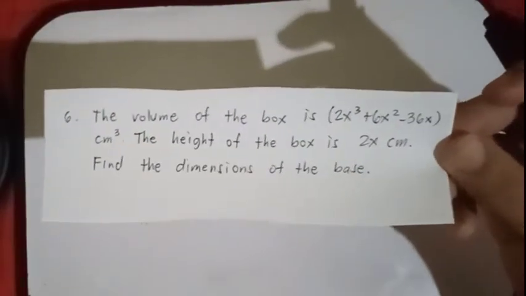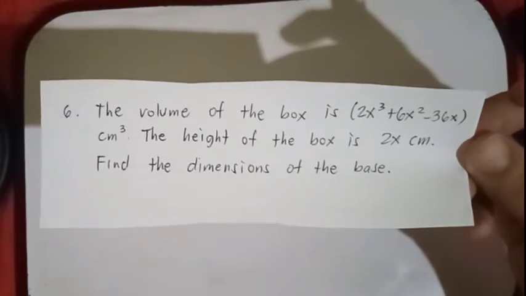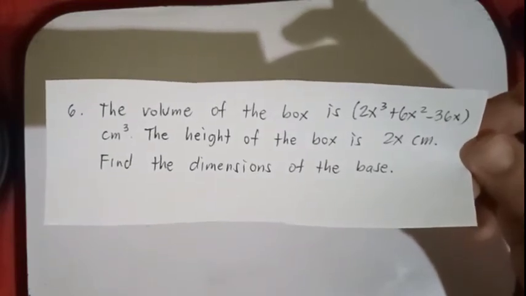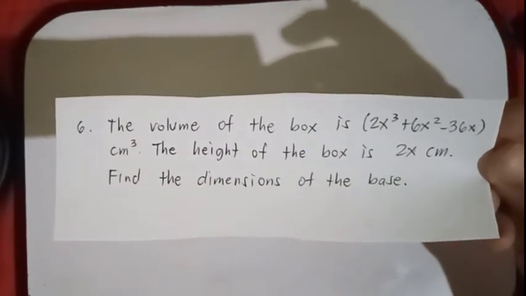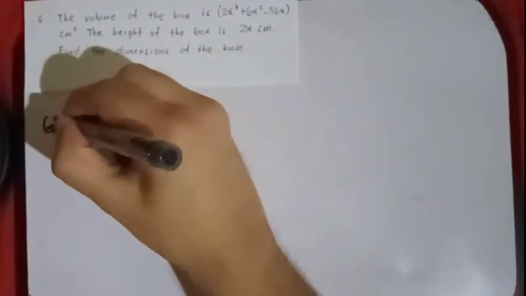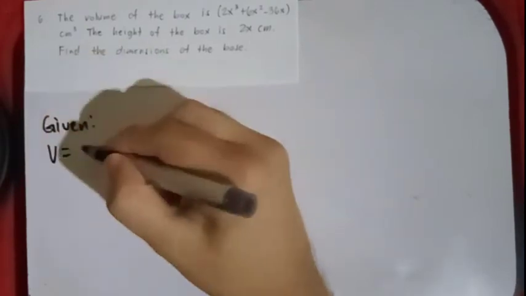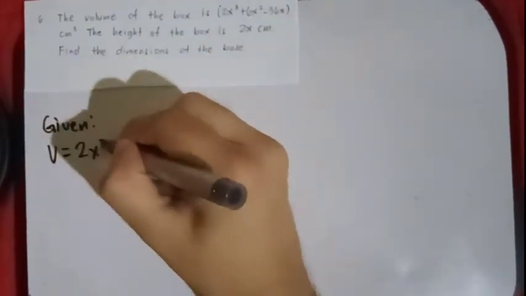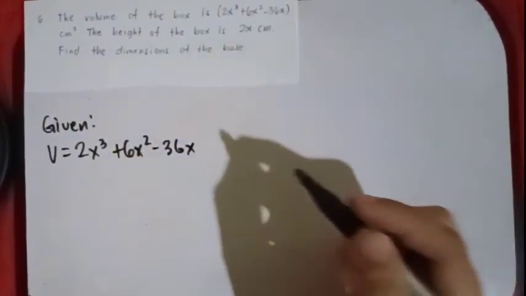Number 6. The volume of the box is 2x cubed plus 6x squared minus 36x cubic centimeters. The height of the box is 2x centimeters. Find the dimensions of the base. Okay, so let's write the given first. The volume is 2x cubed plus 6x squared minus 36x.